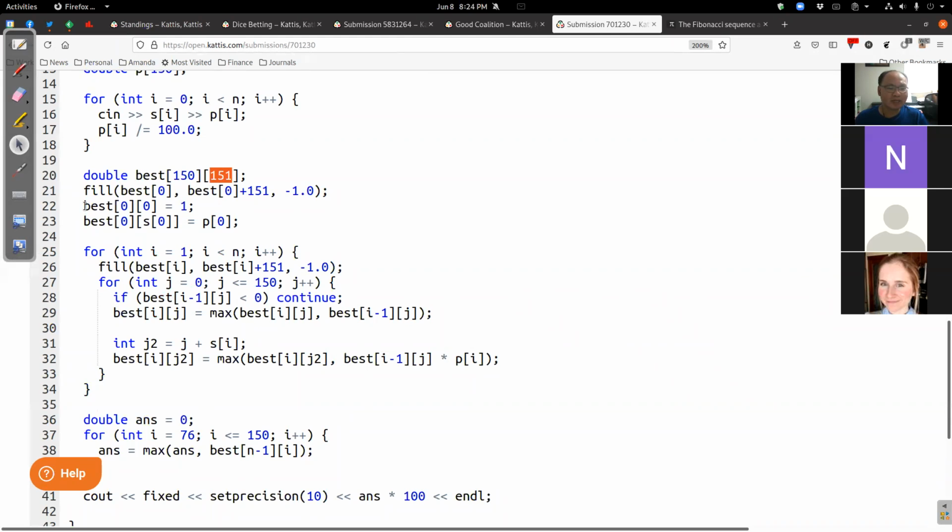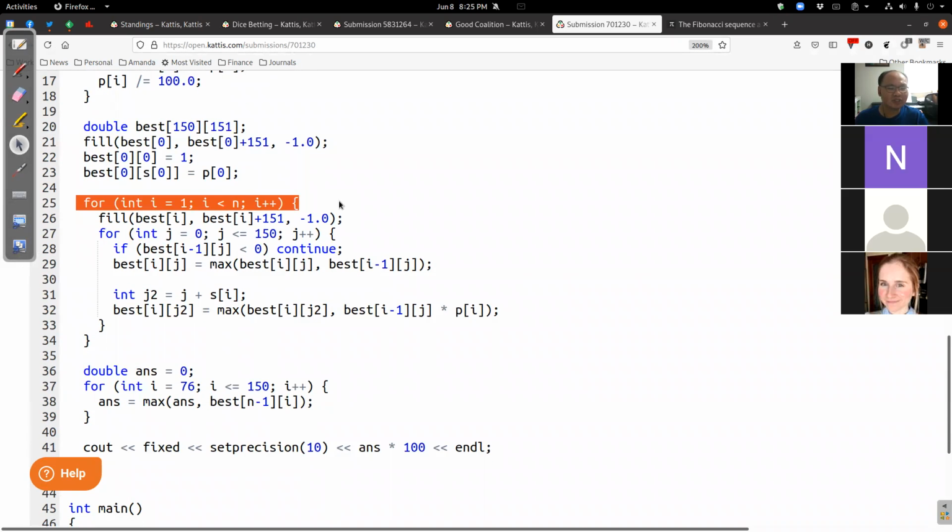So at 0, 0, if I have no item considered and I don't use anything, then the probability is 1, because that's the empty set. If I consider the first item and exactly that size is used, the probability is whatever they told me.